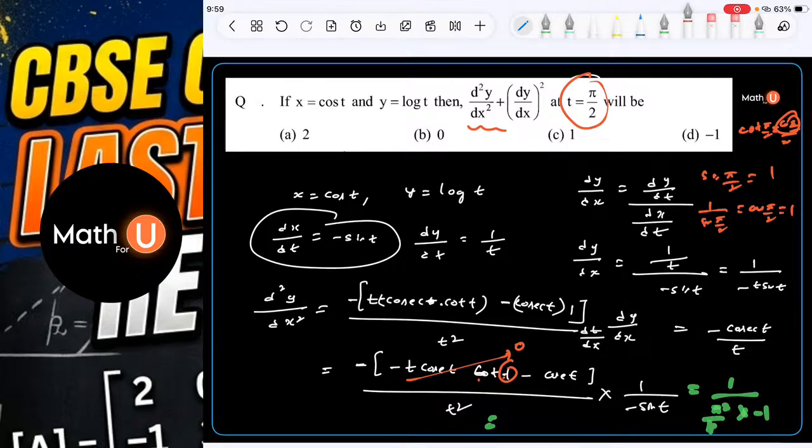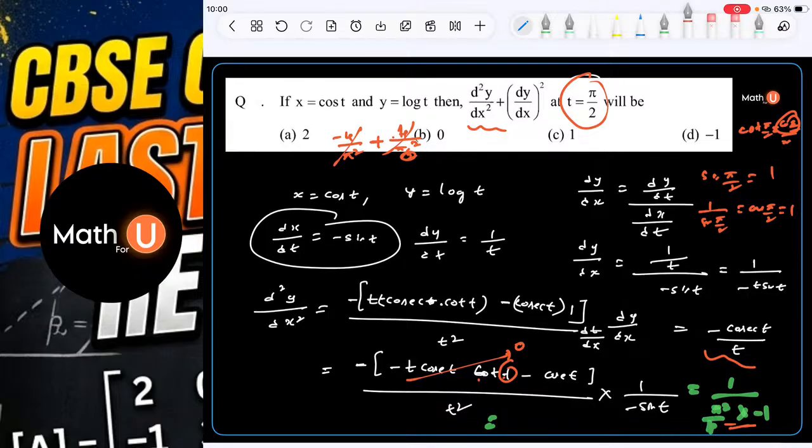Anyway, the value we get here is minus 4 by pi square. If you take pi by 2 here also, we get minus cosecant t by t whole square, nothing but plus 1 by pi by 2 whole square, which is 4 by pi square only.